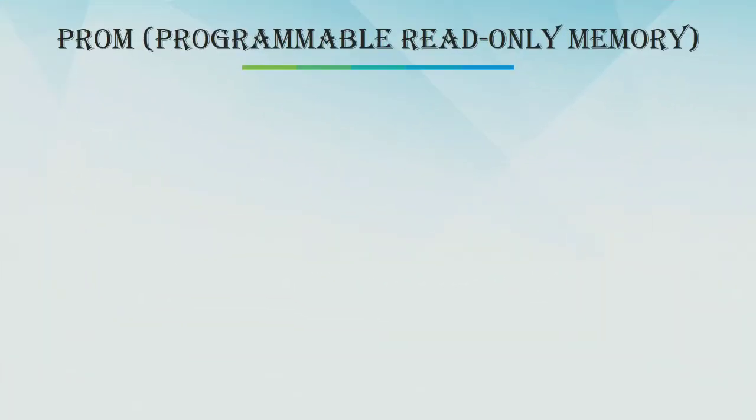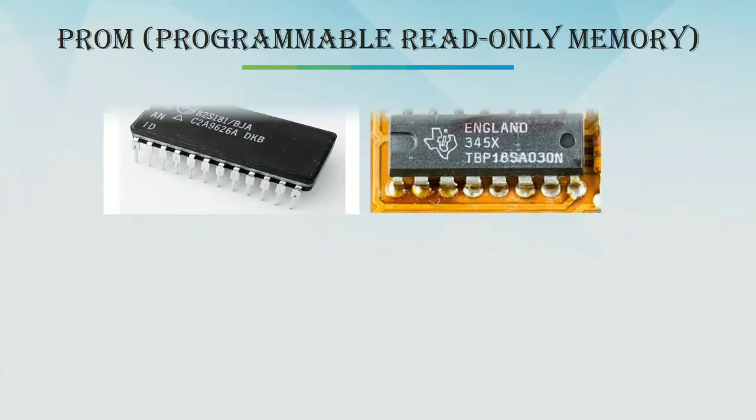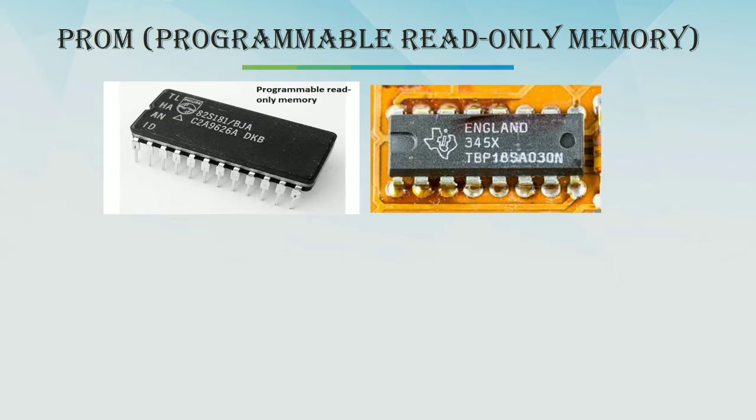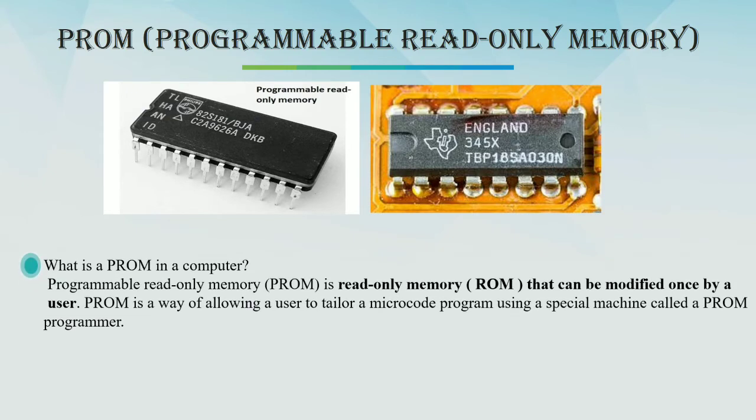The next one is PROM, Programmable Read-Only Memory. What is a PROM in a computer? Programmable read-only memory is a read-only memory that can be modified once by a user. PROM is a way of allowing a user to tailor a microcode program using a special machine called a PROM programmer.